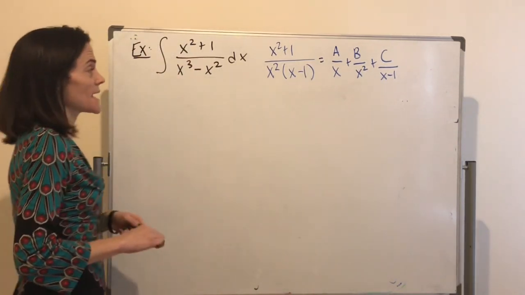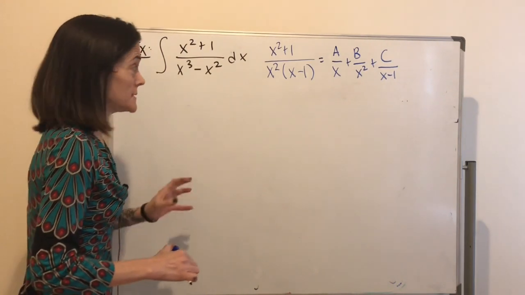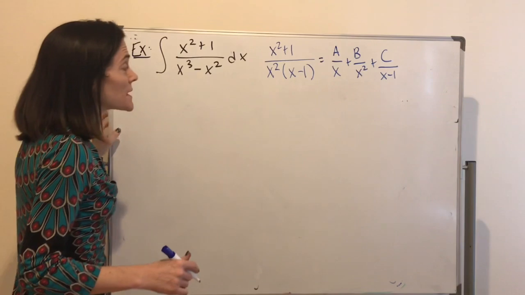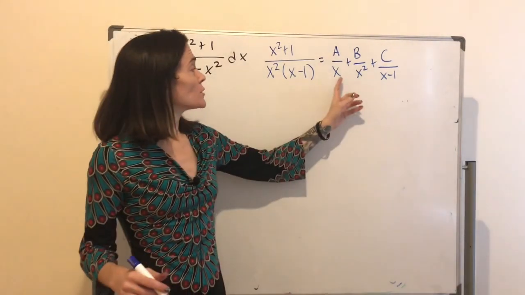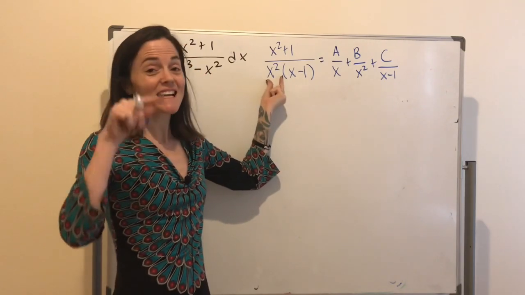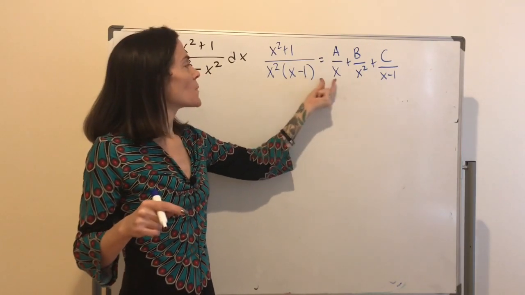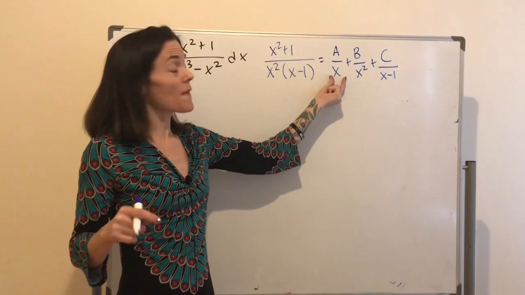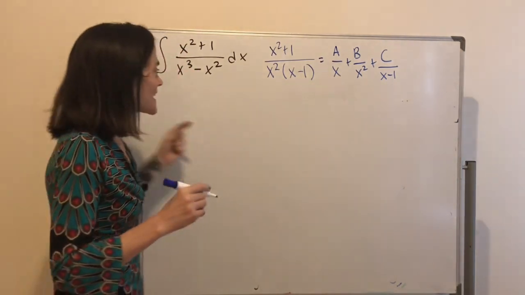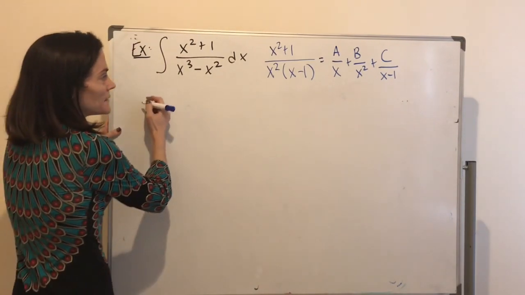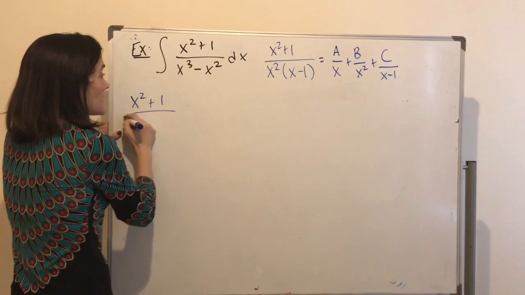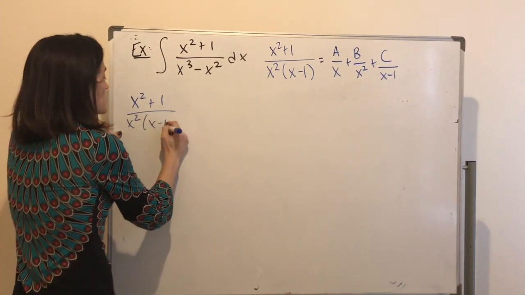Well, just like in the first example we did, we want to get a common denominator. And now you have to be careful here. You don't multiply this by both of these, because the common denominator is just x squared times x minus 1. So for instance, here on this first term, I will multiply by x times x minus 1, right? So maybe let's do that here. I will rewrite this side, x squared, x minus 1.